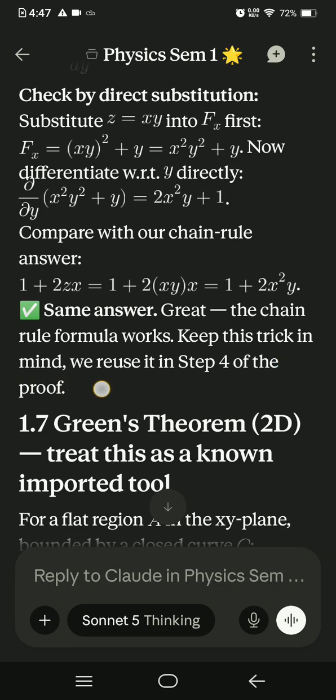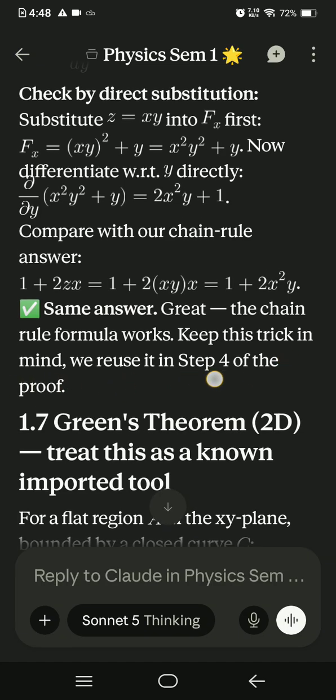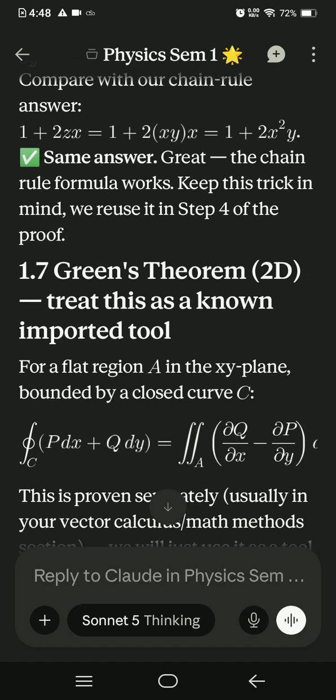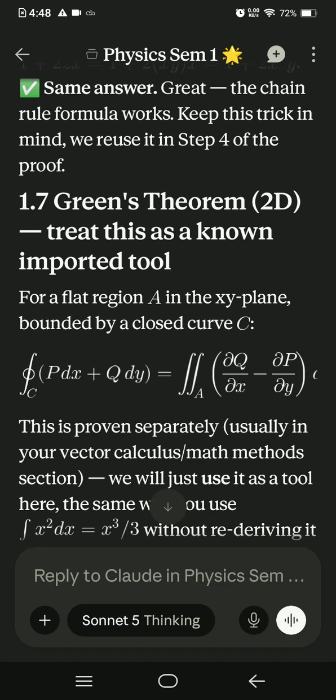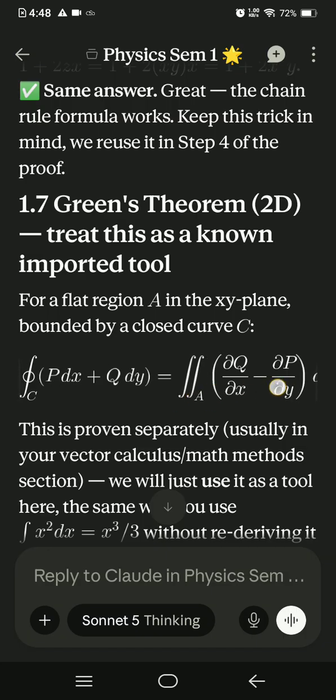Keep this trick in mind. We reuse it in step 4 of the proof. Next, what we need is Green's theorem in 2D. Treat this as an imported tool. So the next formula we need to remember, the first was for curl, that was the determinant form, so that was easier.